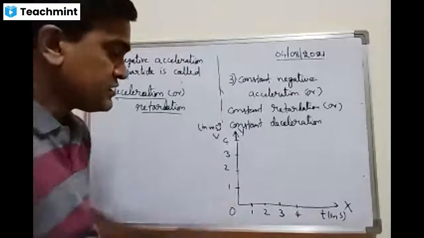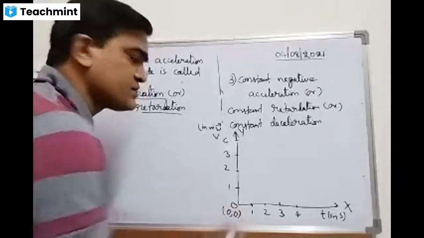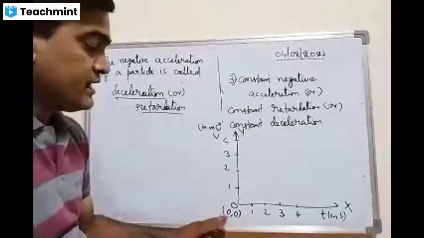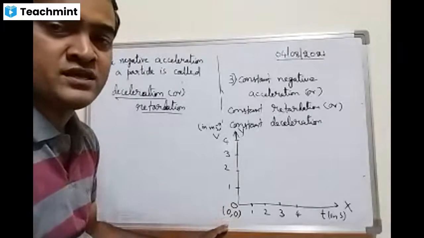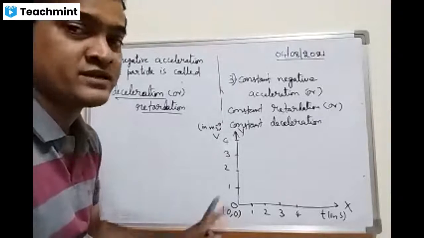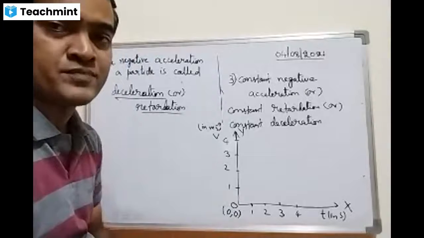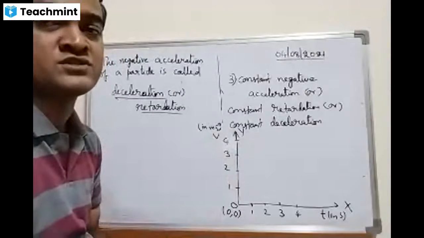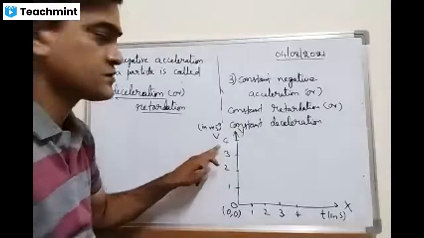Now, origin means the coordinates are 0, 0, right? At time t equal to 0 seconds, what should be the initial velocity of the particle? It cannot be 0, because I have started the stop clock at some initial velocity. Let's say 4 meter per second.